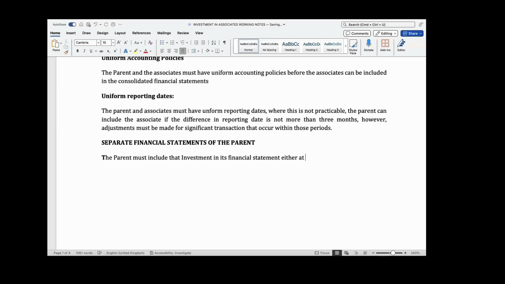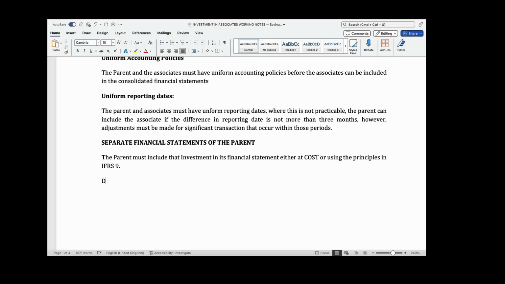either at cost or using the principles in IFRS 9. And if you remember, in IFRS 9, when you buy investments in equity, you measure it at fair value through profit or loss or fair value through OCI.